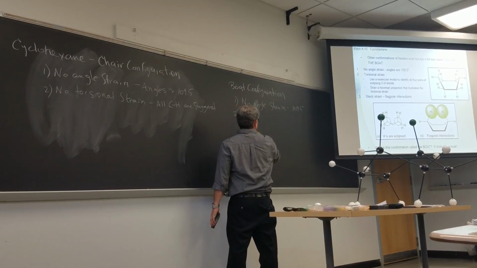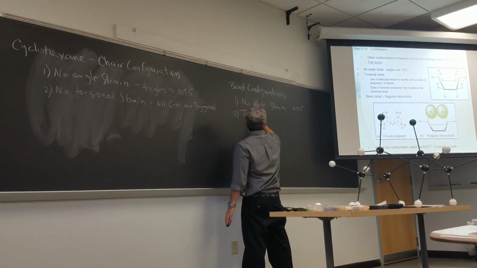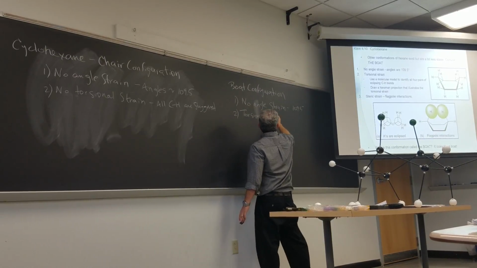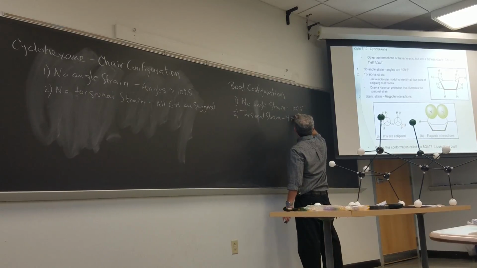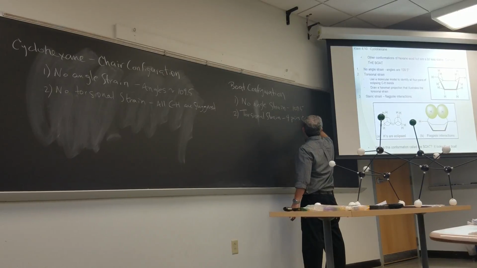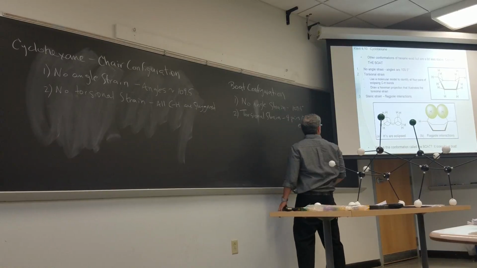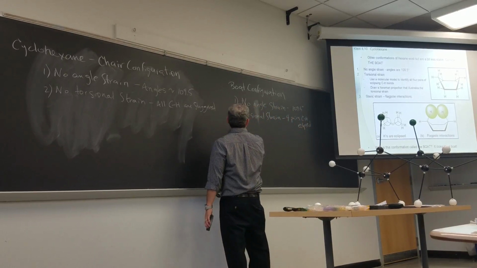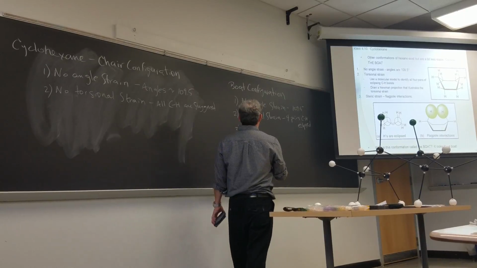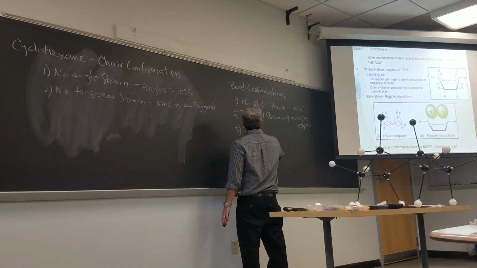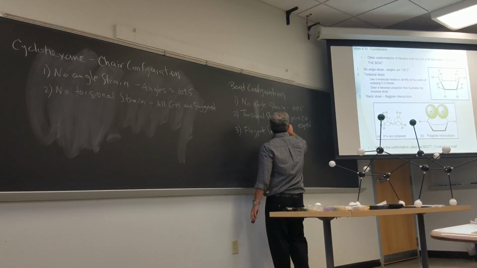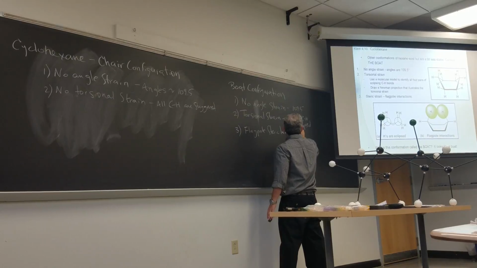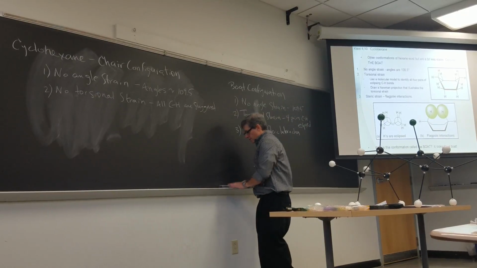We do have torsional strain, and that is 4 pairs of CHs that are eclipsed. Right? And then we also have that extra flagpole steric interaction.